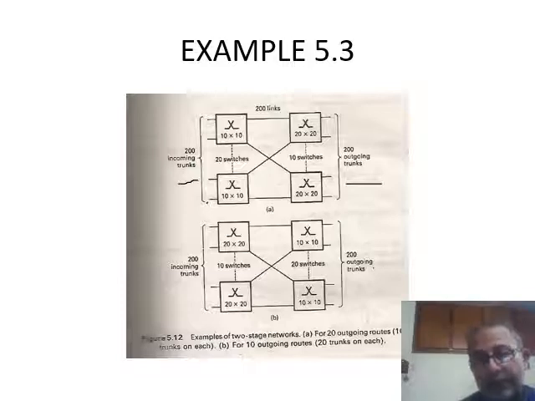On the primary side, or the stage A side, we've got 20 switches with each of the switch having 10 inlets, while on the secondary stage, or the B stage, we have got 10 switches with each of the switch having 20 outlets. So we have got 20 switches on the A side and 10 switches on the B side. So if we multiply 20 by 10, we've got 200 links.